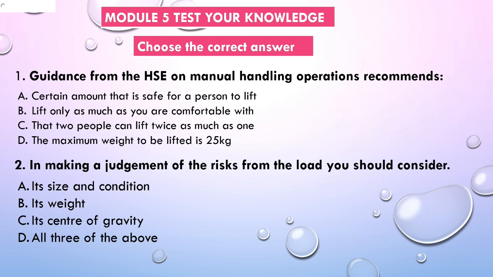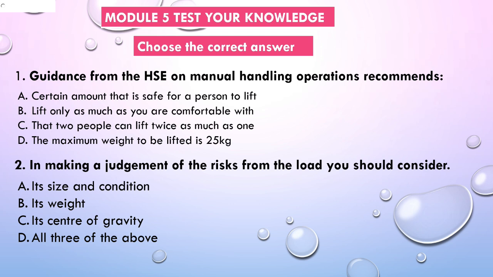That 2 people can lift twice as much as 1. And the maximum weight to be lifted is 25 kilos. Number 2, in making a judgment of the risks from the load, you should consider A, its size and condition, its weight, its center of gravity, all 3 of the above.